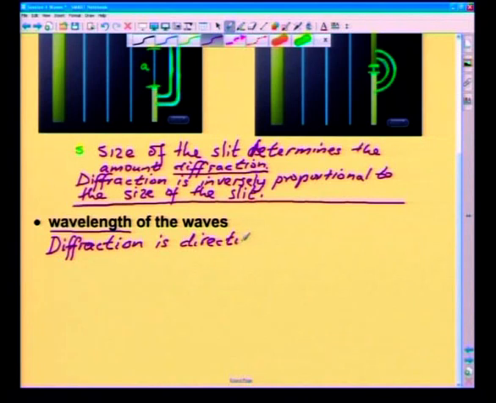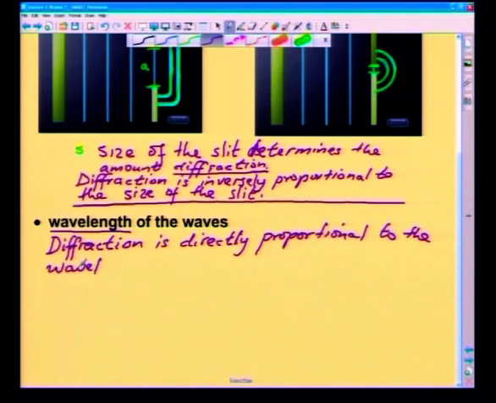So diffraction is directly proportional to the wavelength.